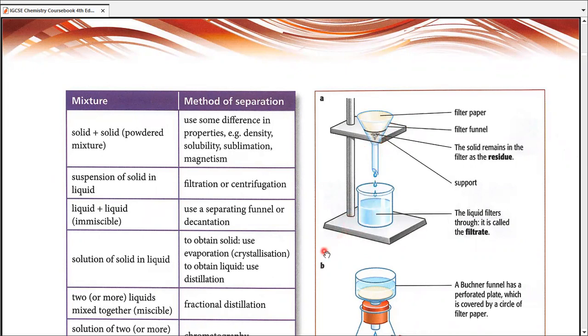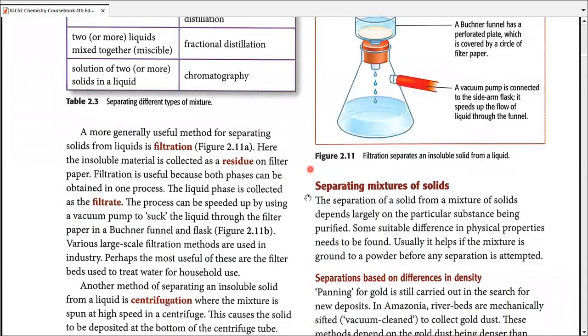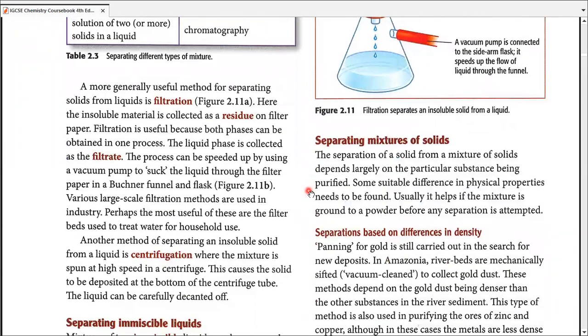They are easily available. So yeah, these are some good sides. But the downside was it is slow. So what do we do? We use a Buchner funnel along with the whole set of apparatus and a vacuum pump to make sure that the process becomes a little bit speedier.